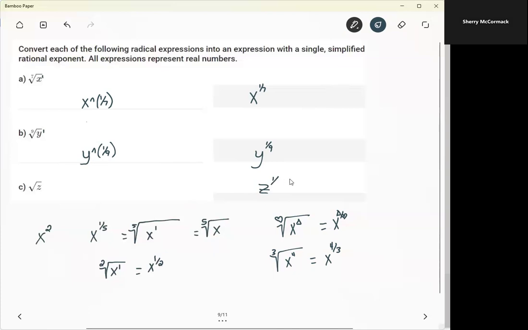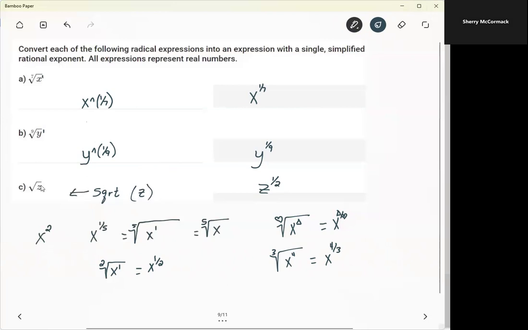Well, since there's not a number there, it's assumed to be 2. So it's z raised to the 1/2, which is another way of saying square root of z. Okay, that's the way this is written.